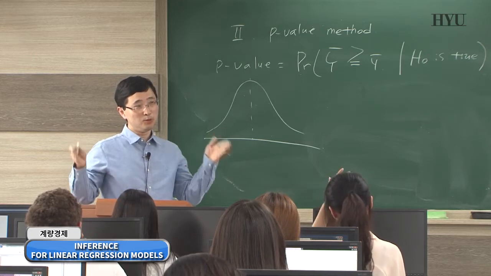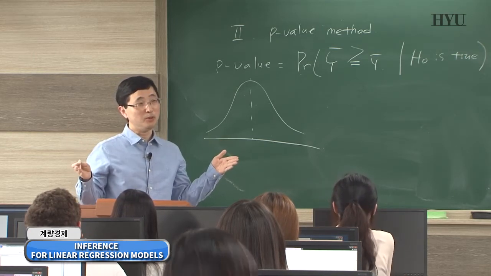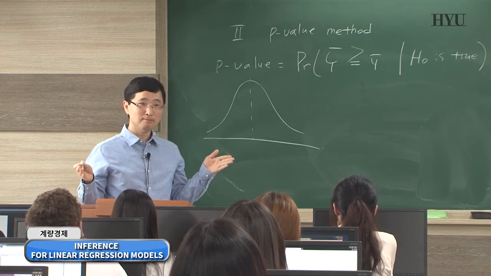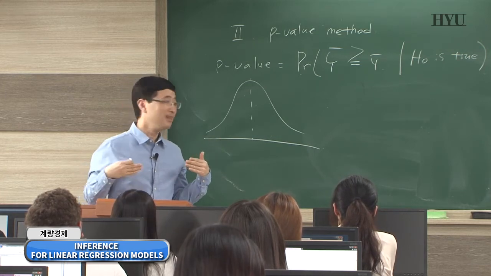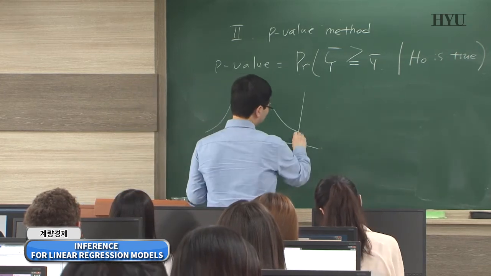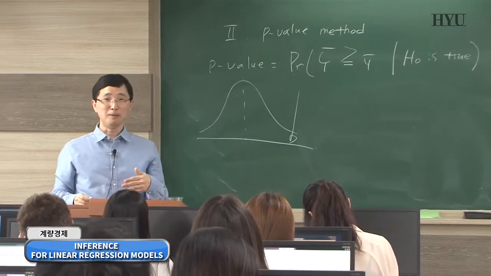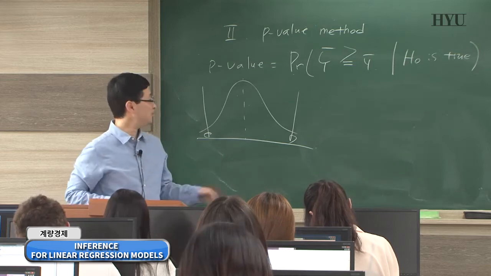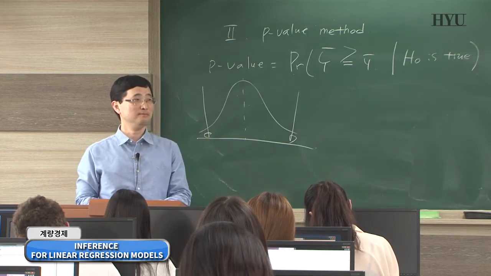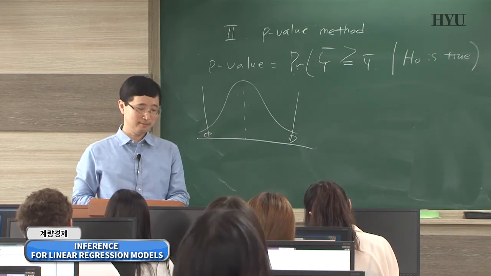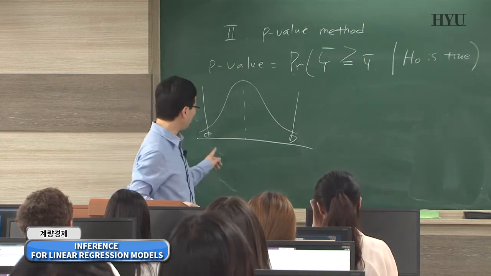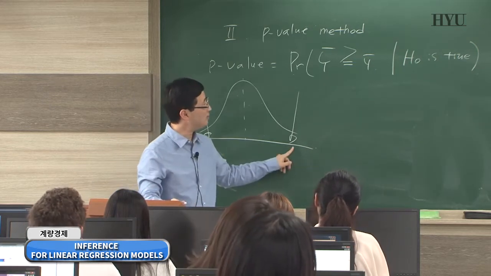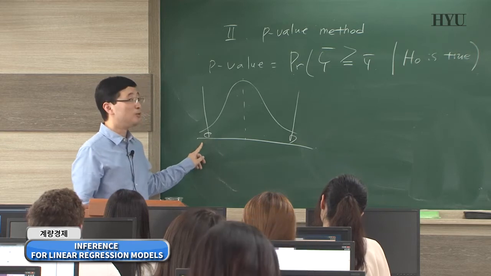But we have this two-sided hypothesis. So when you say as extreme as my current one, it can be as extreme because it's too big. Or it can be as extreme because it is too small. But too small means equally extreme, right? Just to be consistent in logic, we have to think about the probability over here, but the probability over there too.